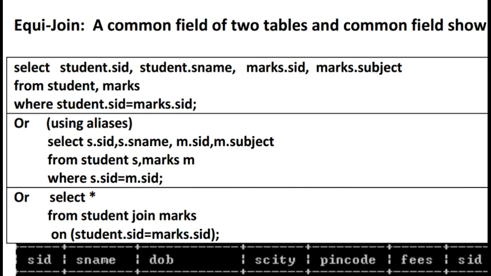Here student is the table name and .sid is the student table column name; student.sname, student is the table name and sname is a column of student. Marks.sid, marks is a table name and .sid is a column of the marks table. Marks.subject, marks is the table name and subject is a column of marks.